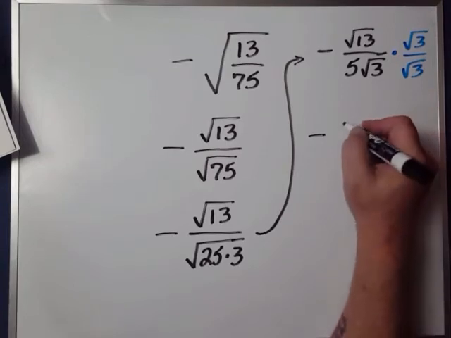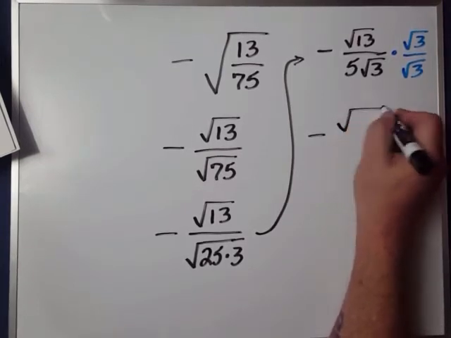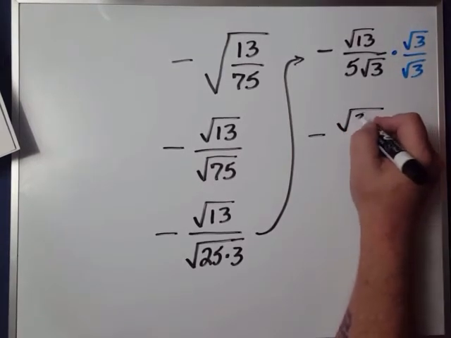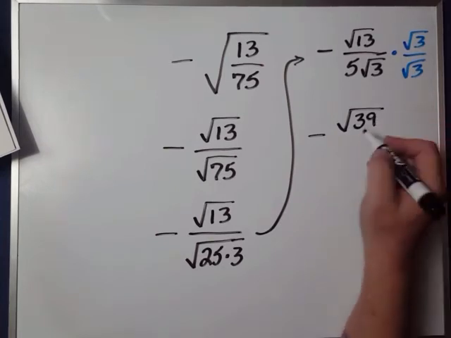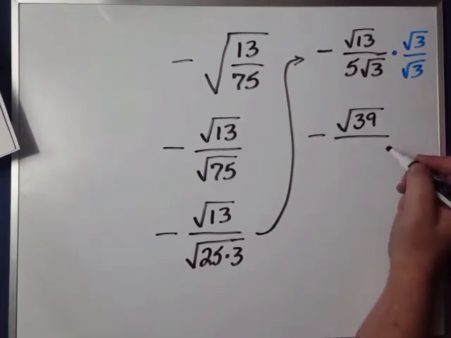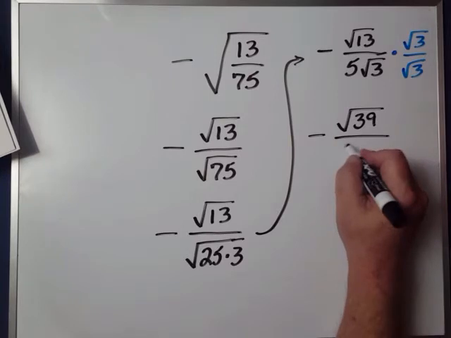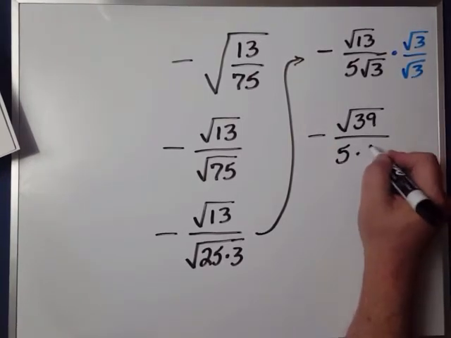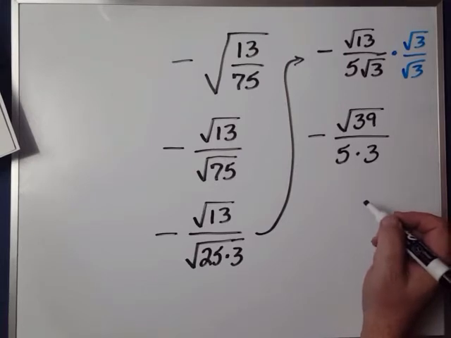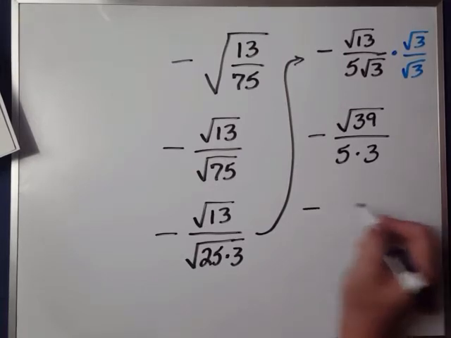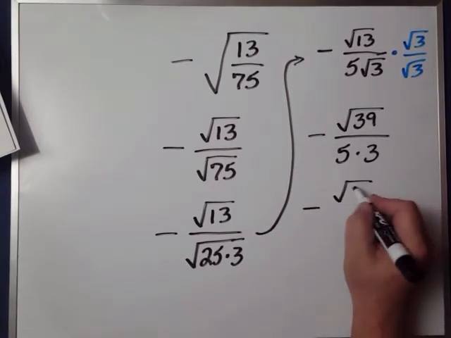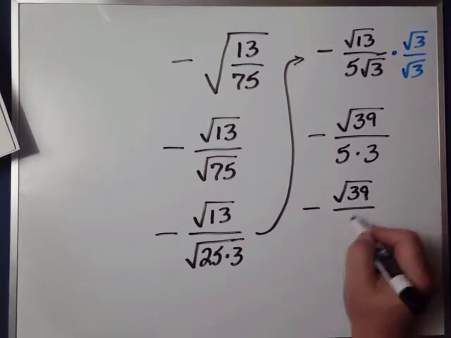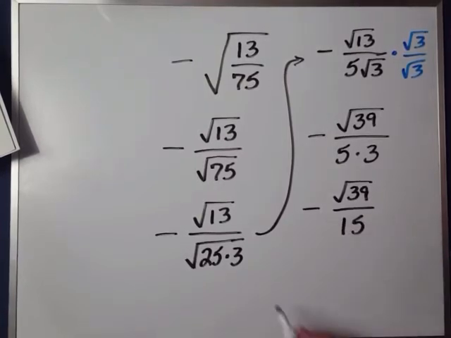Those are both insiders. Our product rule for radicals says that's the square root of 13 times 3, or the square root of 39. In the bottom, that 5 is an outsider. Square root of 3 times itself is just 3. And so we have square root of 39 over 15. Don't forget that floating negative out front.